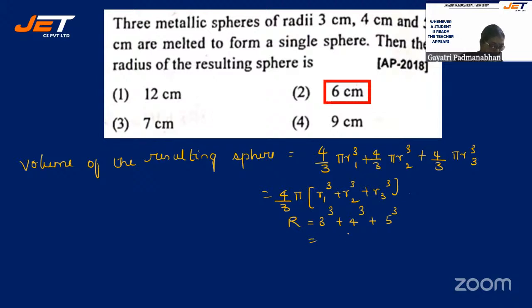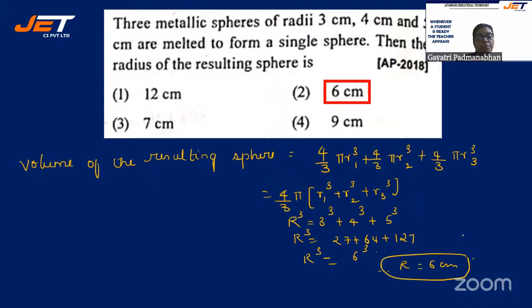So 3 cube is 27 plus 4 cube 64 plus 5 cube 125. If you add, how much will you get? 125 plus 64 plus 27 is nothing but 6 cube. Therefore, your R is 6 centimeter.